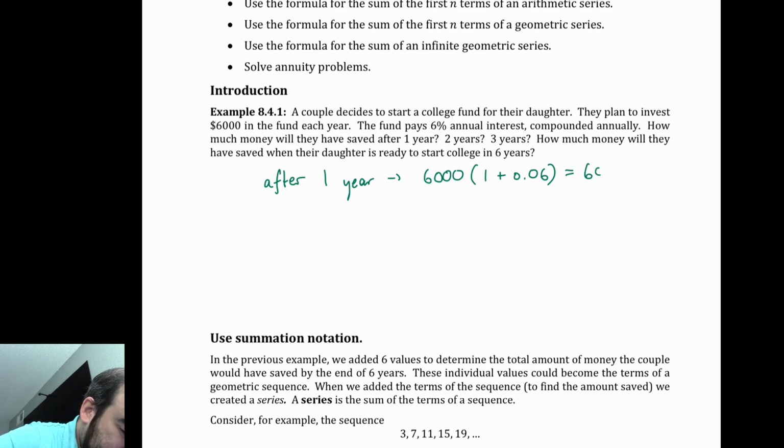So essentially 6,000 times 1.06 to figure out how much the interest rate increased the money after 1 year. When we multiply that, what do we get? Times 1.06 gives us 6360.